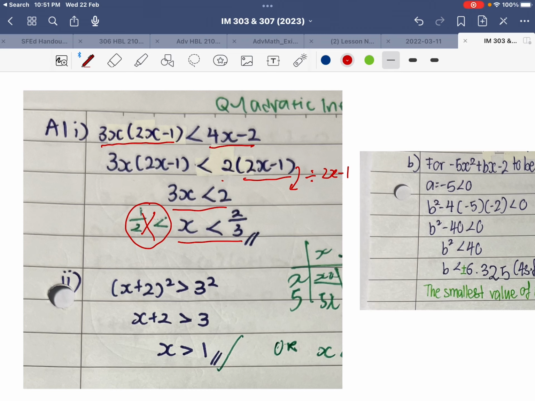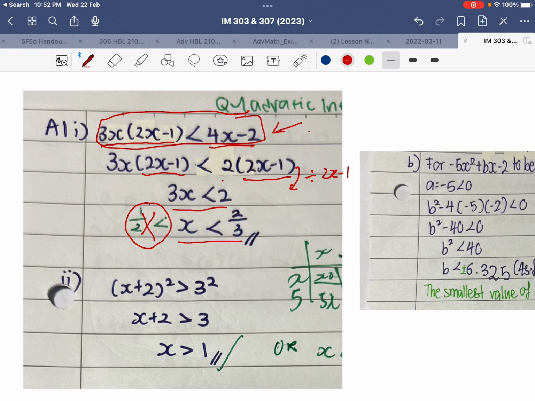What's the reason? If you divide by 2x minus 1, you will exclude possible values for the original inequality. So be careful, don't divide by a variable. You can only divide by numbers. For example, if I want to divide the original inequality by a number, I can do that.